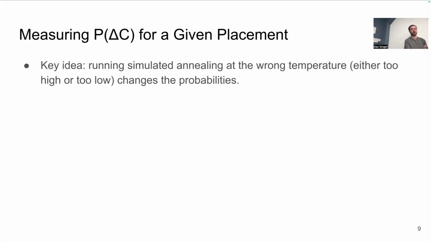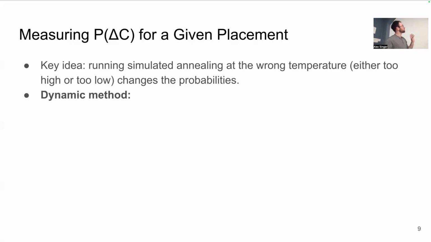That's going to change my equilibrium temperature. If I set it too high, it becomes basically random, and now my equilibrium temperature goes high. Basically, if you start doing simulated annealing at the wrong temperature, you're going to move towards that temperature as your equilibrium. It becomes the equilibrium temperature.